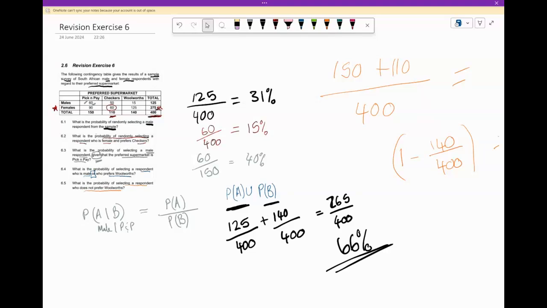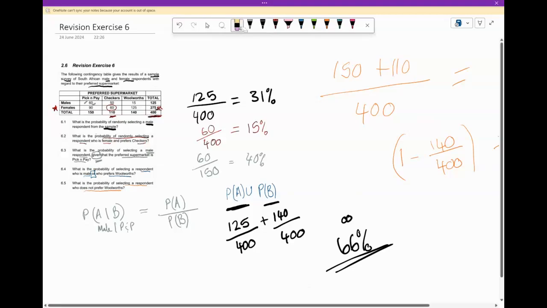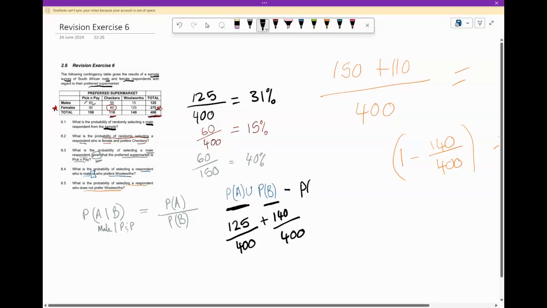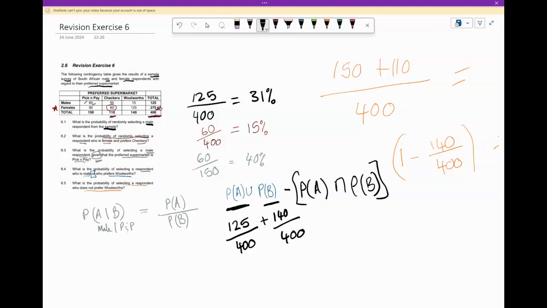So let's work that out. This is going to change. Thank you for that. I was so ready to close my device and go home. We're basically saying this union, and then minus the intersection of probability of A intersection probability of B. So the question is, where do we get that intersection?